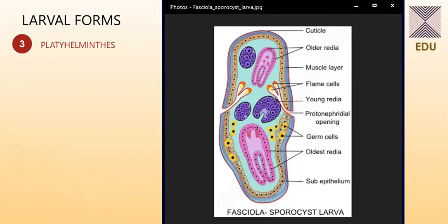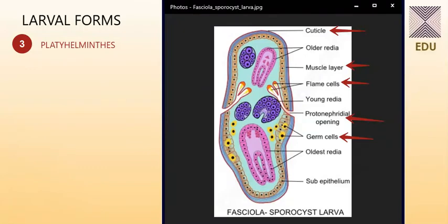As you can see, on the outer side you have the cuticle, so this is the outermost layer. You have the muscular layers, you have the flame cells, you have the protonephridial openings for excretion, and you have some germ cells which will be producing the next larval forms, or the third larval forms.